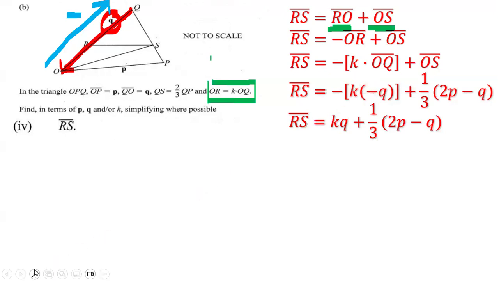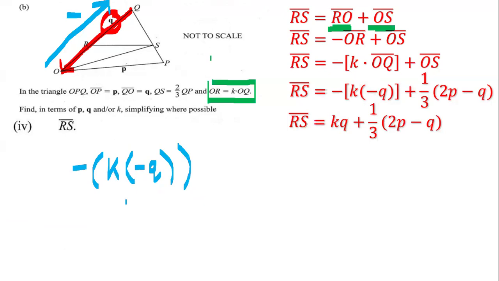Let me show it properly. So what we actually did was we said, okay, this is negative, open bracket, K, open bracket, negative Q. What is K times negative Q?